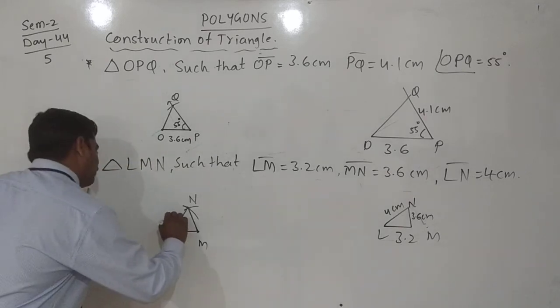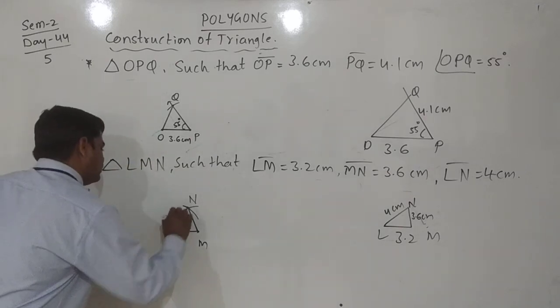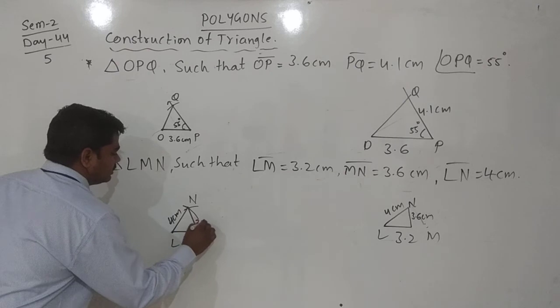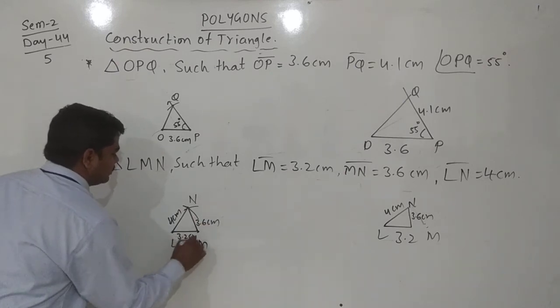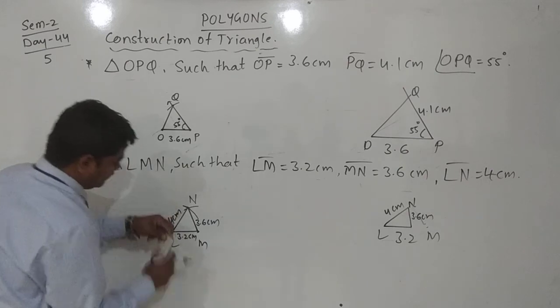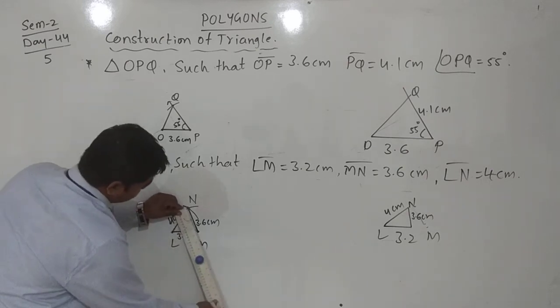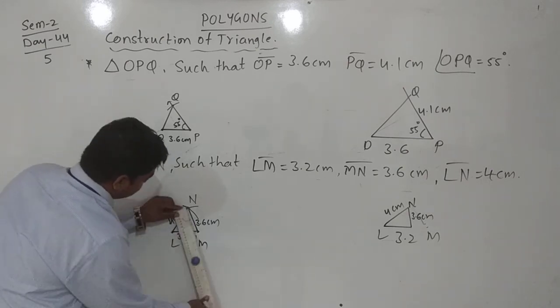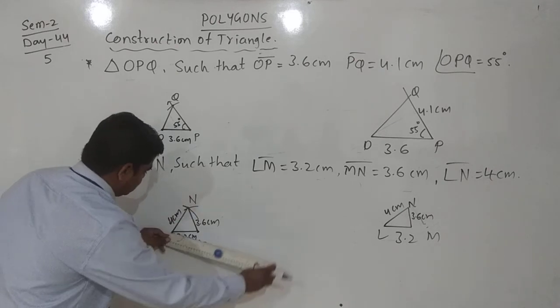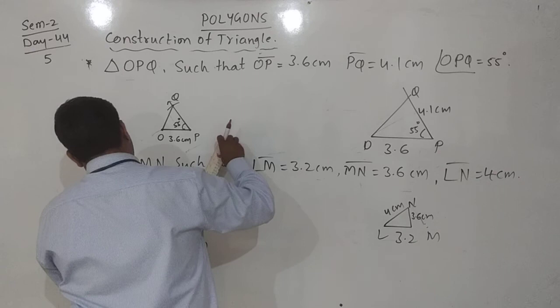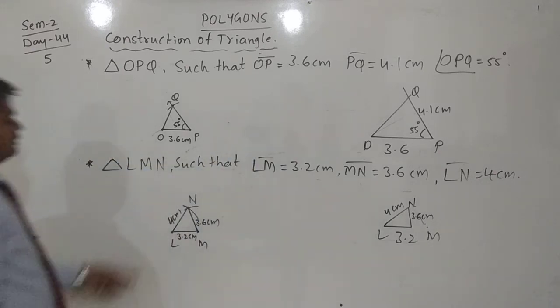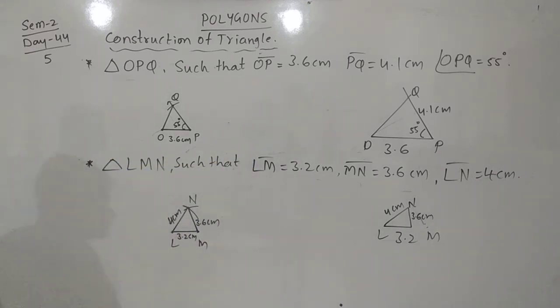This is 4 centimeter. This is 3.6 centimeter. This is 3.2 centimeter. Yes. Measure it. 3.2, 3.6, and 4 centimeter. This is the triangle. We can construct it very easily.